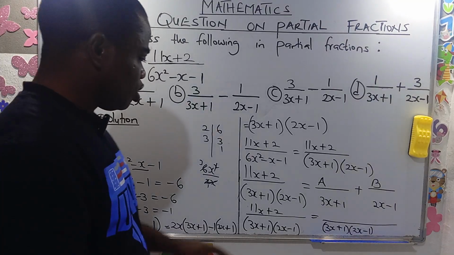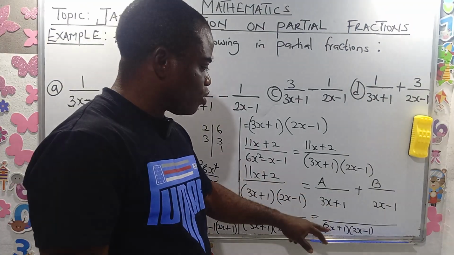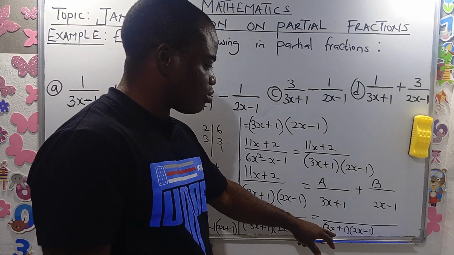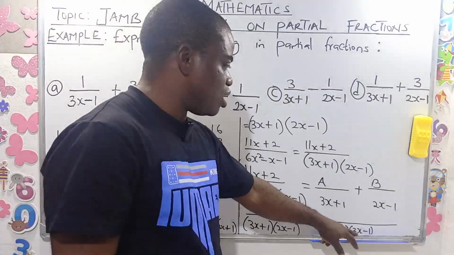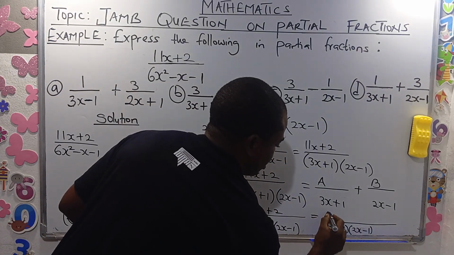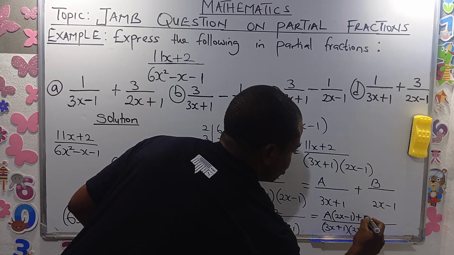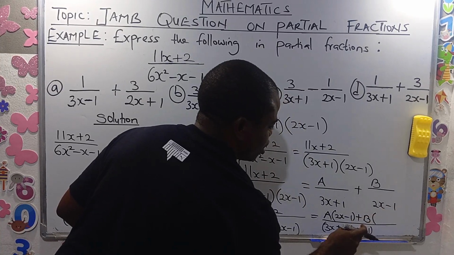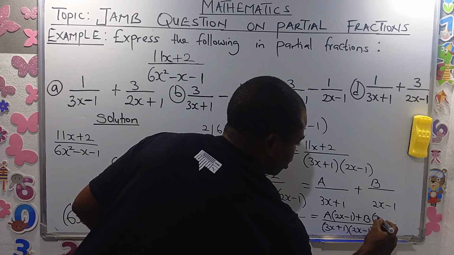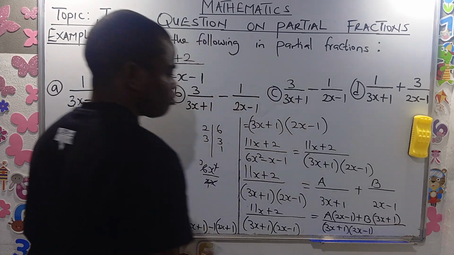At this junction, you now solve it like this. 3x plus 1 goes into 3x plus 1, it will cancel 3x plus 1. Use the other one, 2x minus 1, to multiply A. Now it's A, open bracket, 2x minus 1, plus B, open bracket, 2x minus 1 cancels 2x minus 1. Use 3x plus 1 to multiply B.